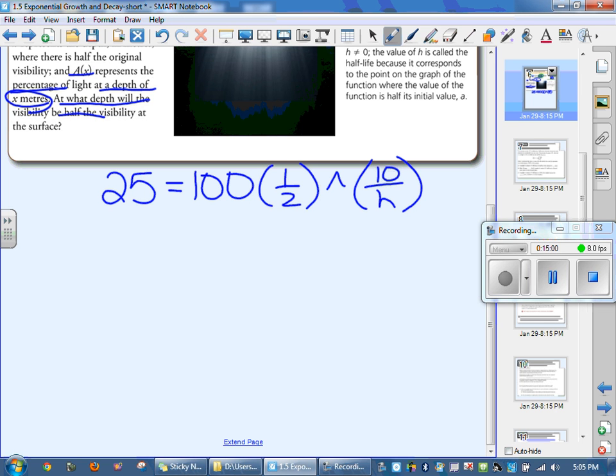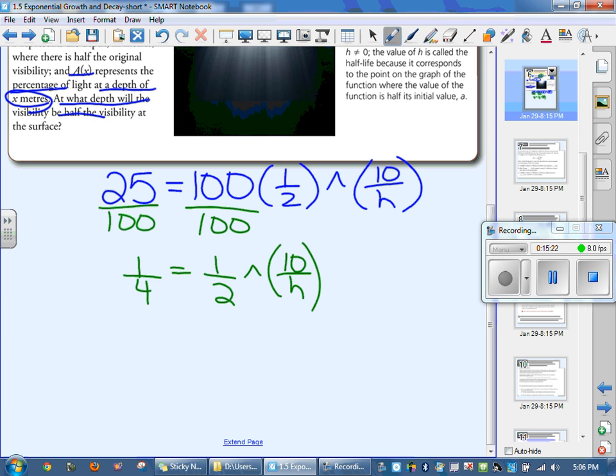Okay, we can solve it algebraically, or you can go in and solve it with y1 and y2. If we solve it algebraically, we're going to divide both sides by 100. We're going to get 1/4 equals 1/2 exponent 10 over h. Now, what do you notice about 1/4 and 1/2? They can be changed to base 2. Okay?